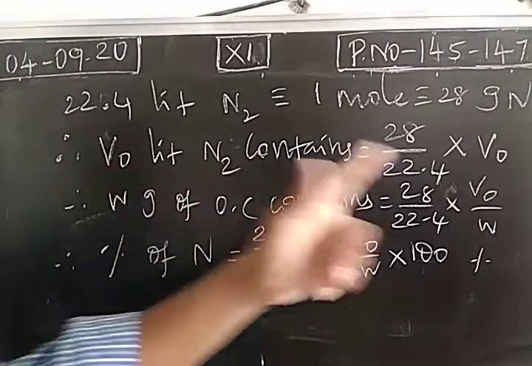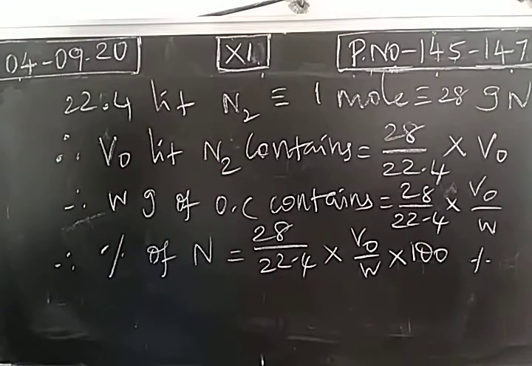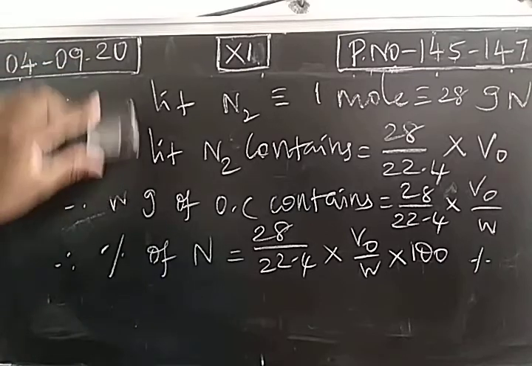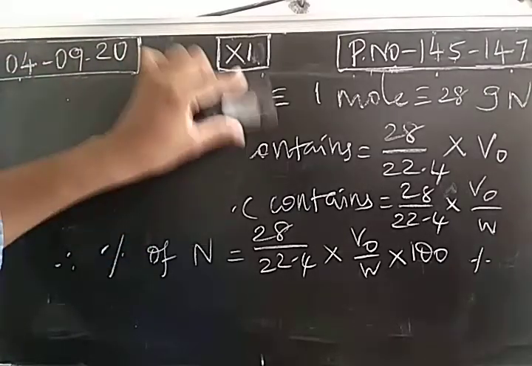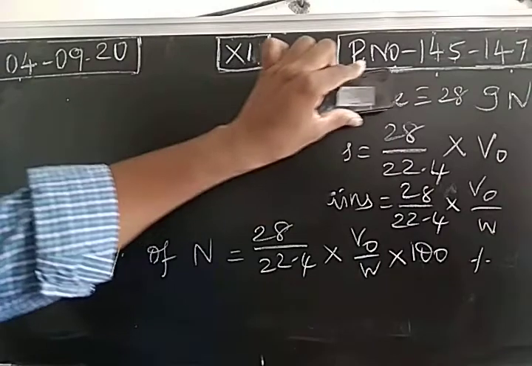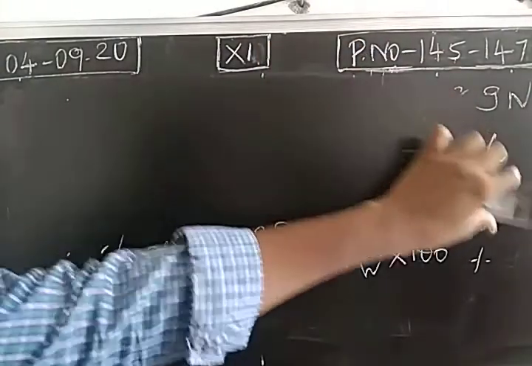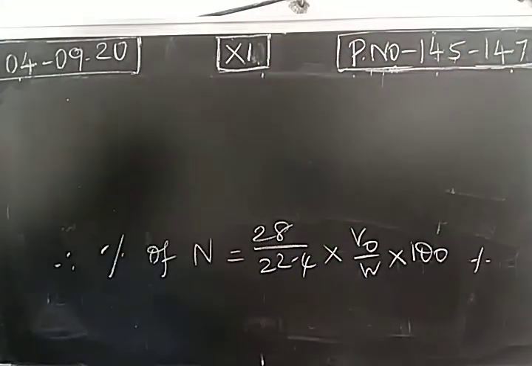Based on that, finally we have obtained this equation. Based on this formula we may do problems. In page number 146, we have a problem. Dumas method and Kjeldahl's method problems are 5 mark and important ones.